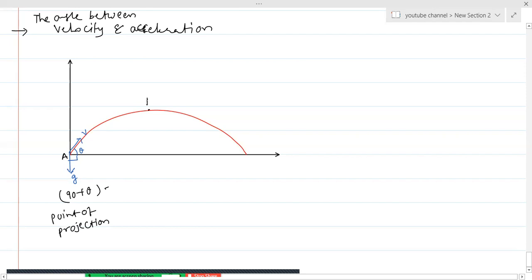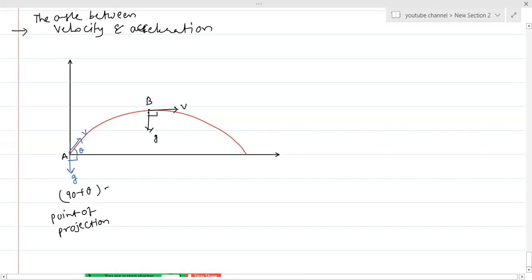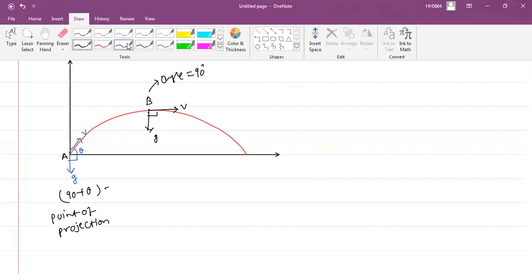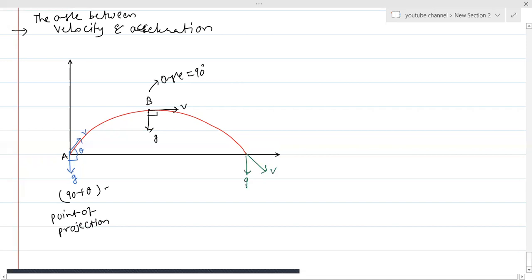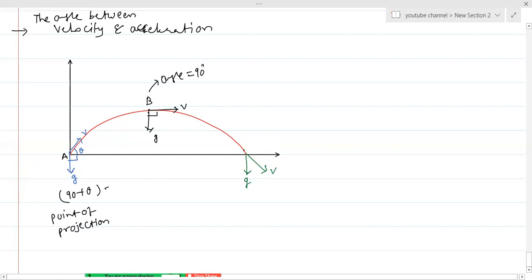And let us say at B, the maximum height. We know that this will be the velocity and this will be the gravity. So at maximum height the angle between velocity and acceleration is 90 degrees. And here at the end, this will be the velocity and this will be the acceleration.